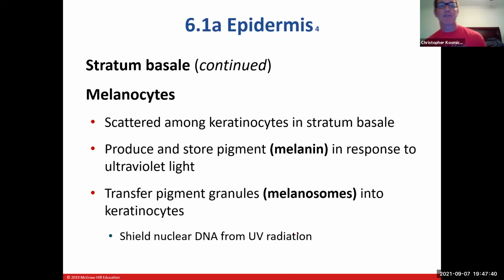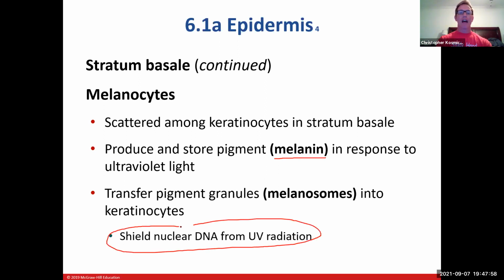The second cell type is the melanocytes. I love these folks. They're wonderful cells, right? They're scattered throughout this layer here. And so they make this awesome pigment called melanin. And melanin's job is to protect the DNA from ultraviolet radiation, both UVA and UVB radiation.